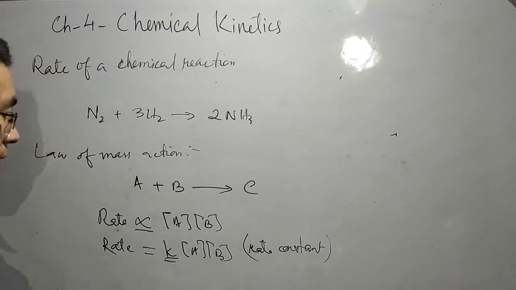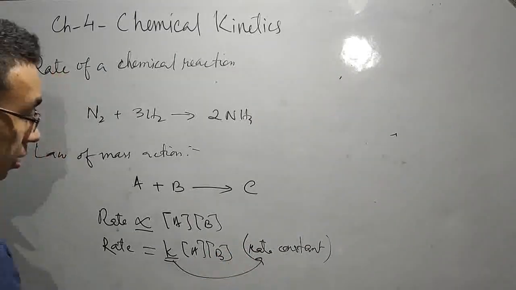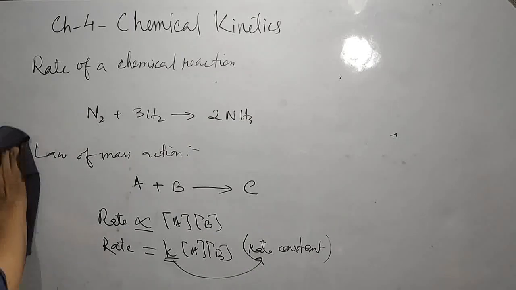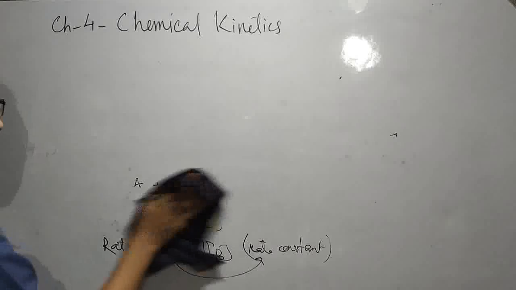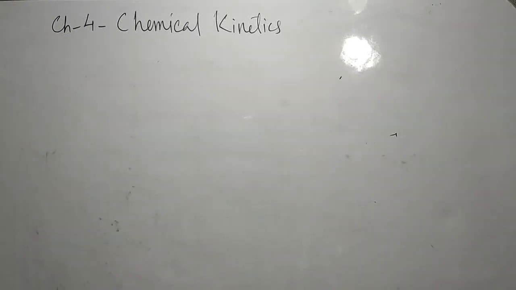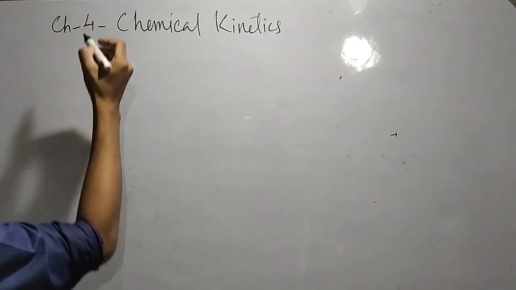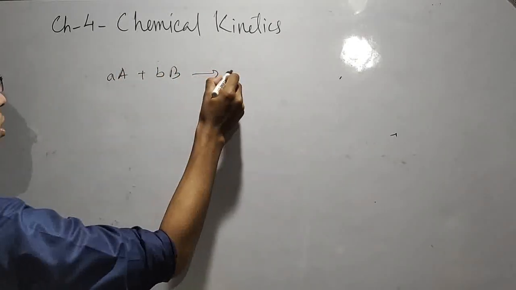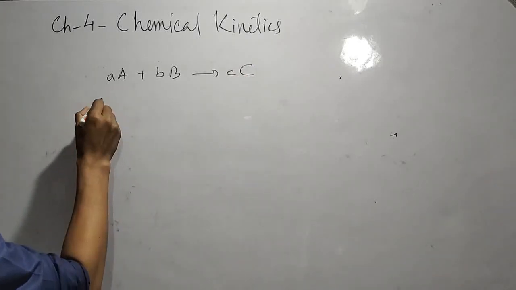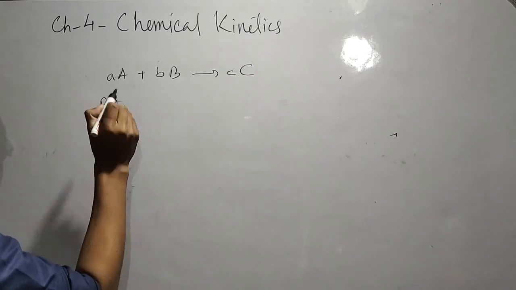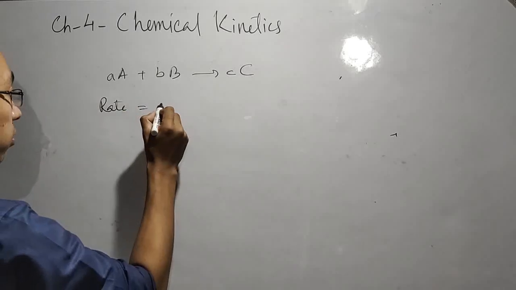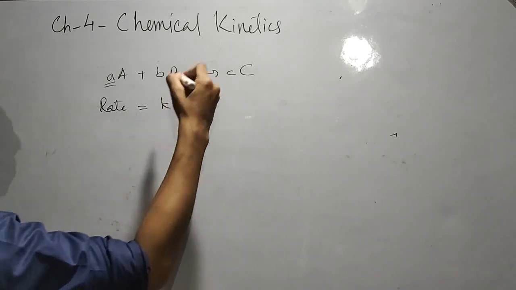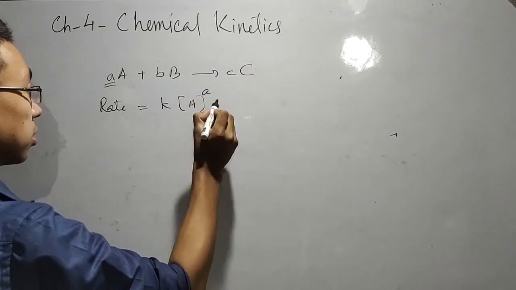K is called the rate constant. Then if it is aA plus bB gives cC, then according to the law of mass action, the rate will be equal to k[A] raised to the power of the stoichiometric coefficient a, and [B] raised to b, like this.